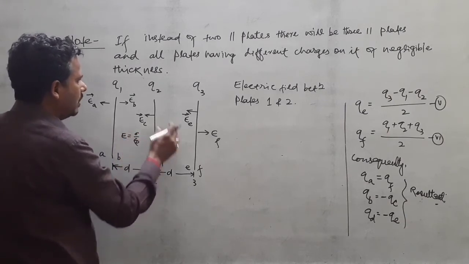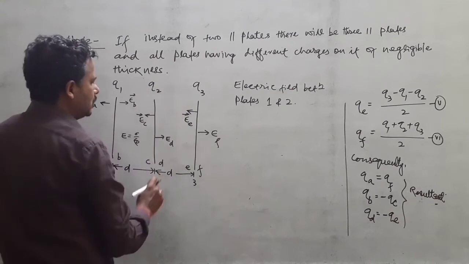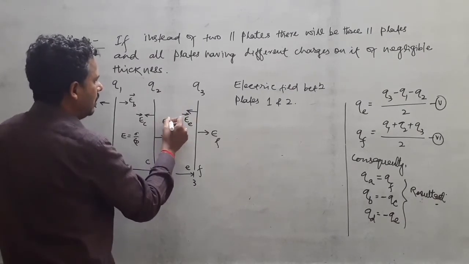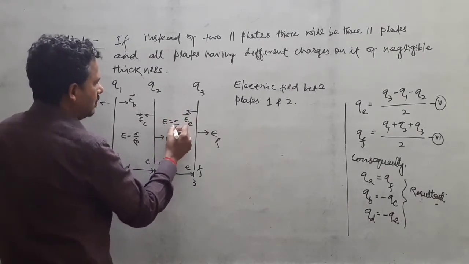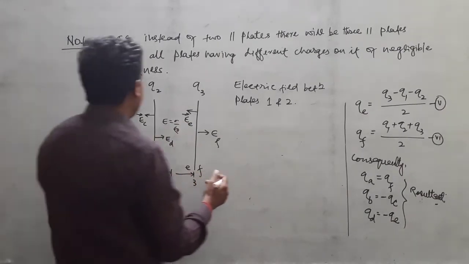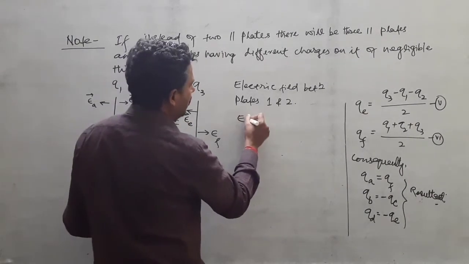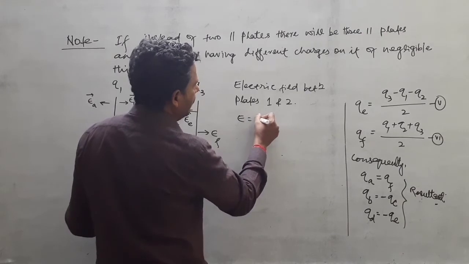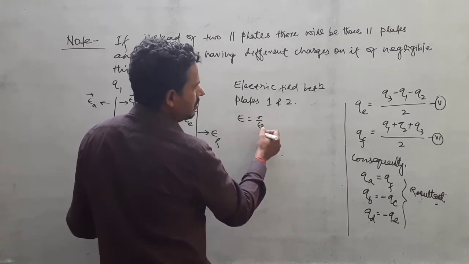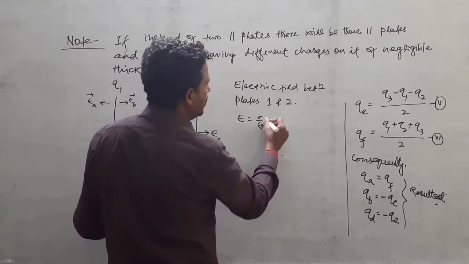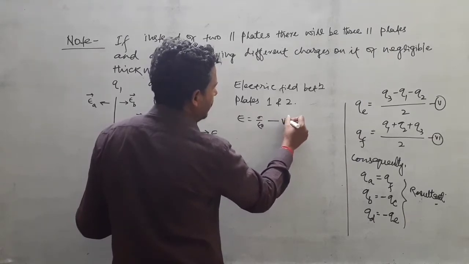Similarly, in between plates 2 and 3, it would also be sigma by epsilon naught. So I am just going to put directly that your E would be sigma by epsilon naught.